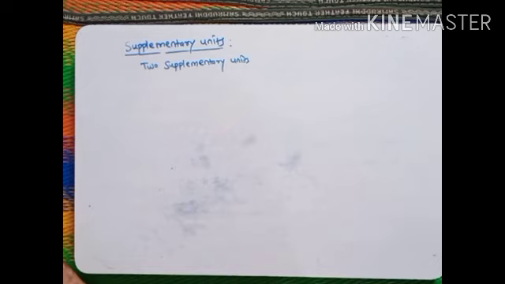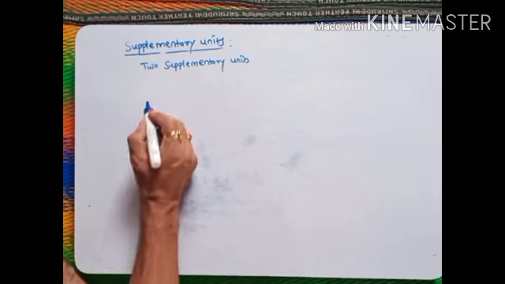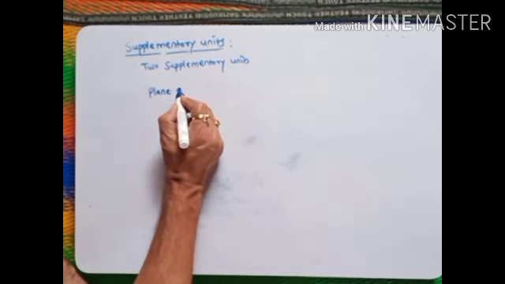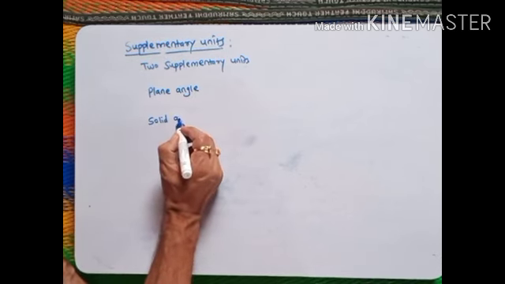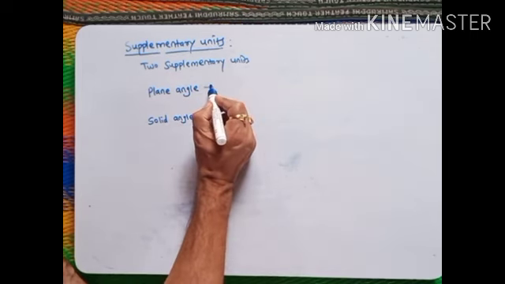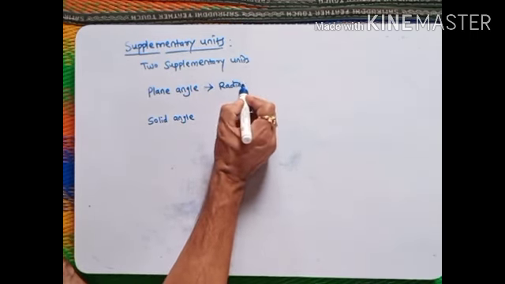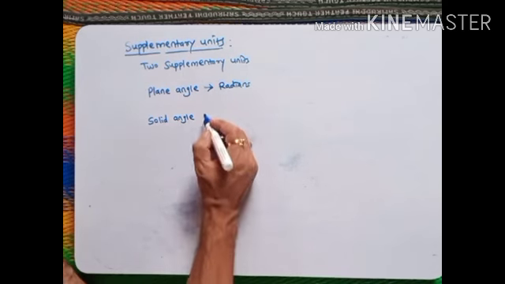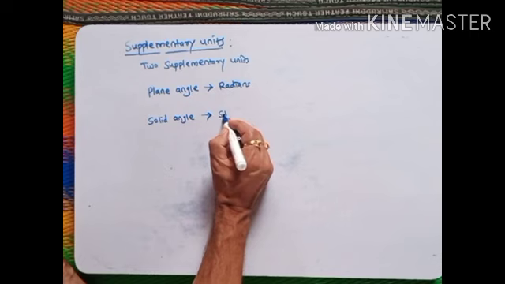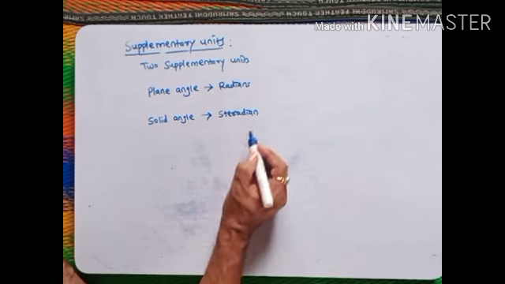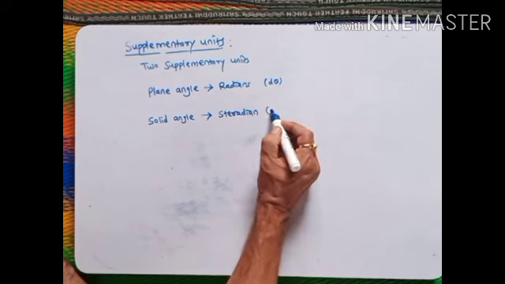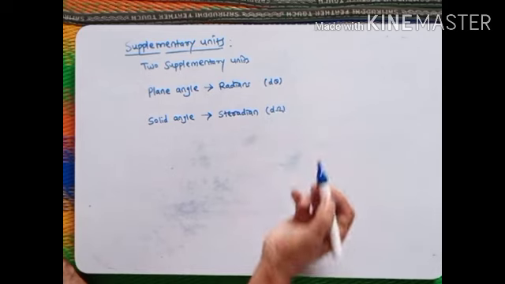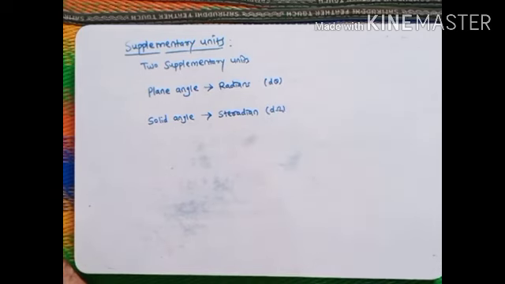You know that there are 7 fundamental quantities, and we consider 2 supplementary quantities, that is plane angle and solid angle. Plane angle is measured in radians, and solid angle is measured in steradian. Plane angle is denoted by d theta, and solid angle is denoted by d omega. These are the 2 supplementary units.